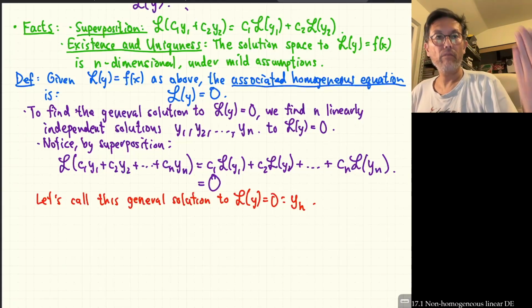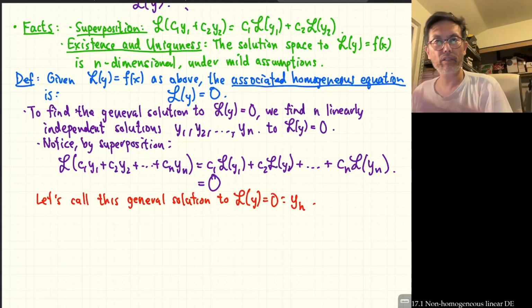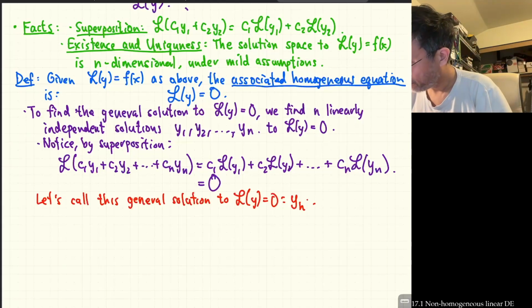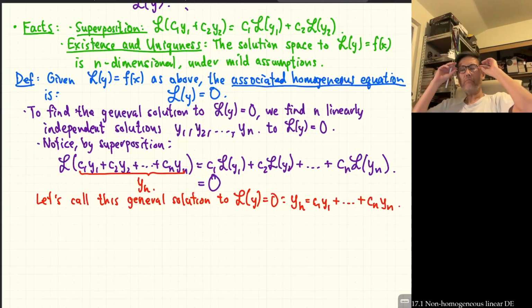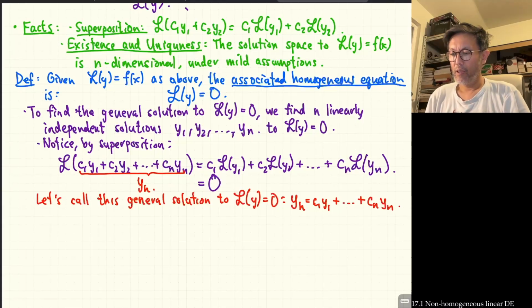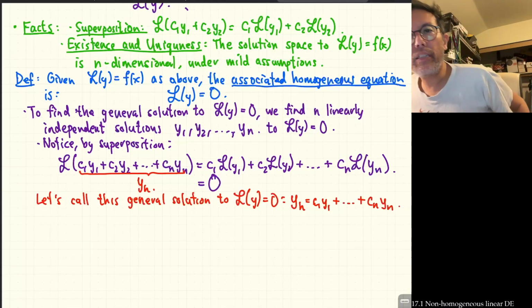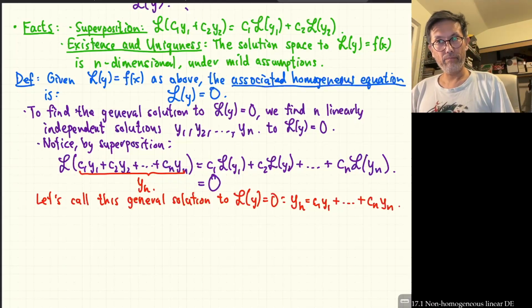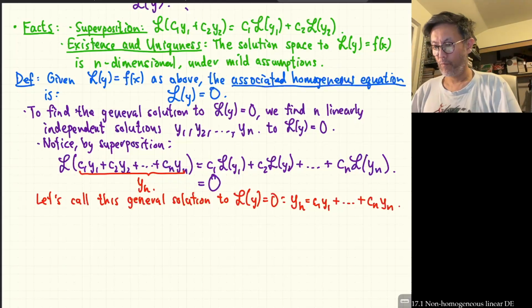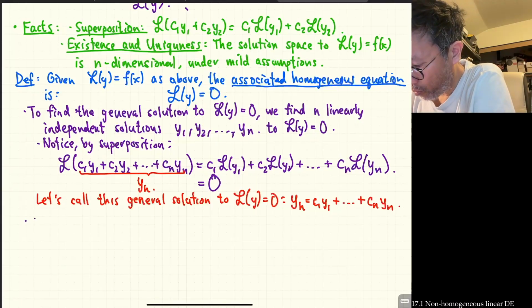So this is going to be C1y1 plus C2y2 plus Cnyn. In other words, this whole thing right here I'm going to call y sub h. Okay? Then, the next ingredient that we want here is what we're going to call a particular solution, y sub p.